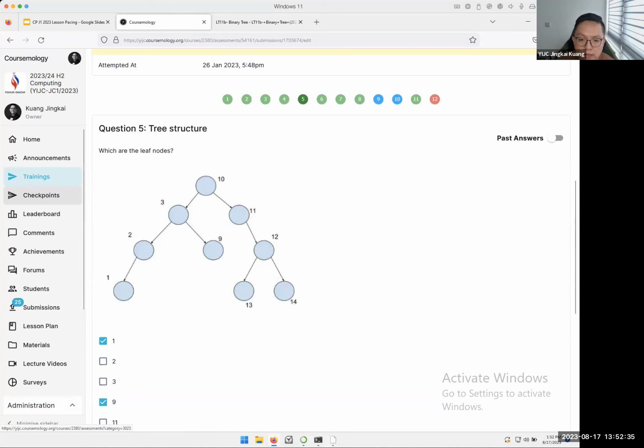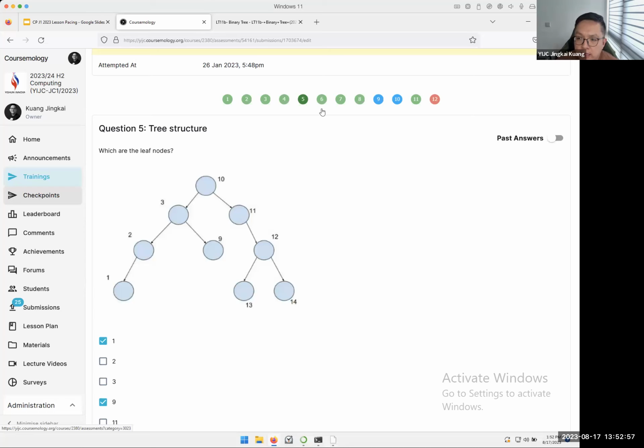I'm not going to click results. Are we all okay with why 12 is not a leaf node? As long as that node has children, it is not a leaf node anymore.